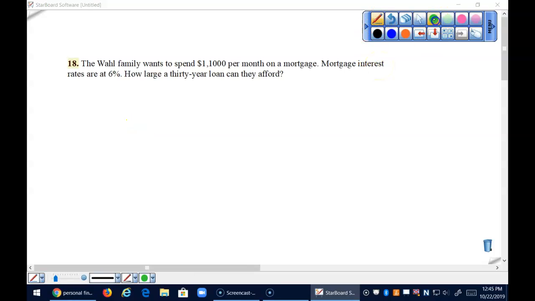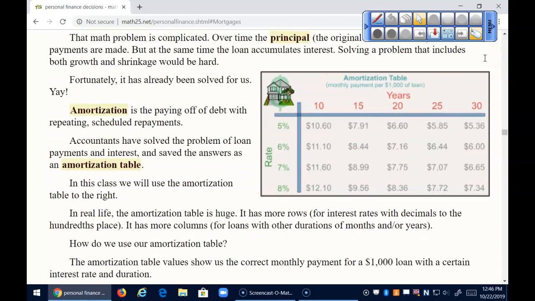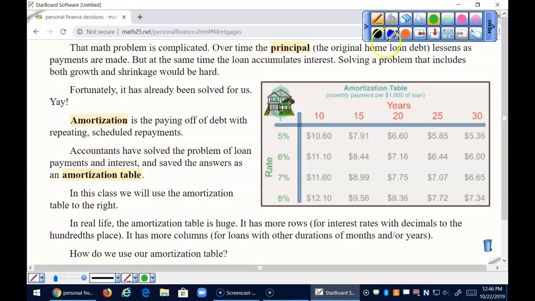Well, clearly we want something in green again from the table. And the table says for 30 years and 6%, it's $6.